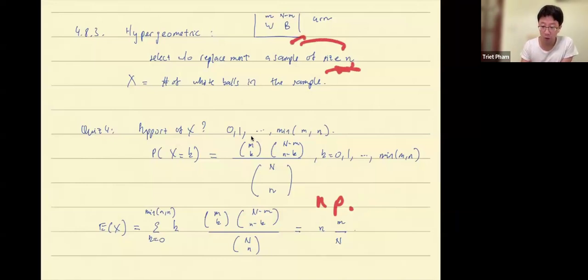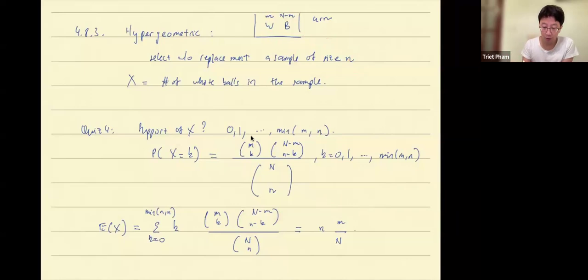Because if the first one is white, then the chance of the second one being white will be smaller because there's less white now in the urn. So the colors influence each other. The outcomes in the sample are not independent.